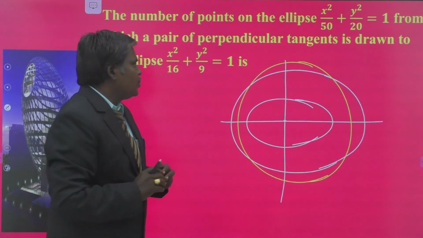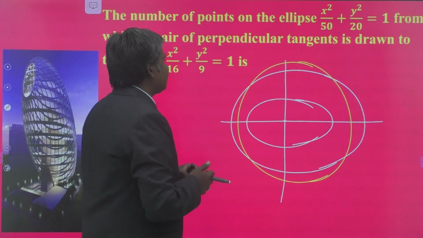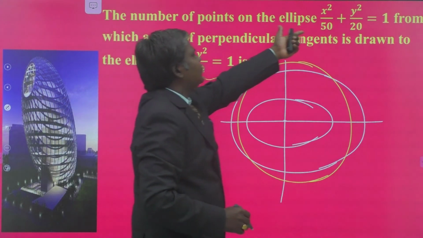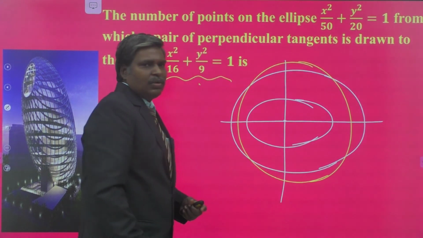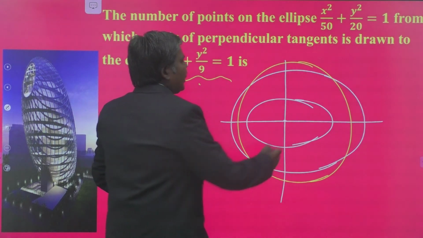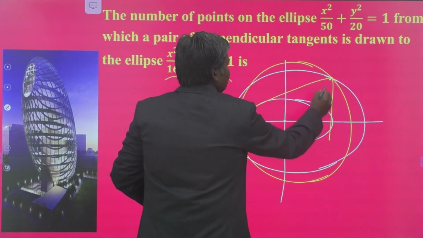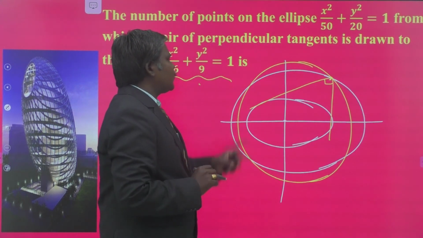That is the concept. So your intention becomes: how many points of intersection exist for the director circle of this ellipse and my x square by 50 plus y square by 20 equals 1? Because we are drawing the perpendicular tangents from this point to the ellipse, the angle between them is 90 degrees. That means your point satisfies 2 curves.